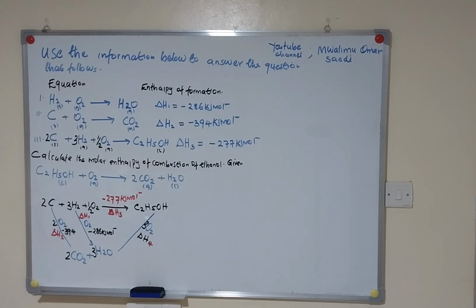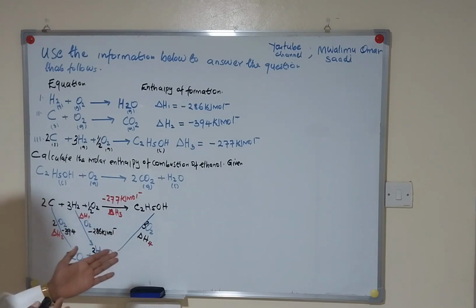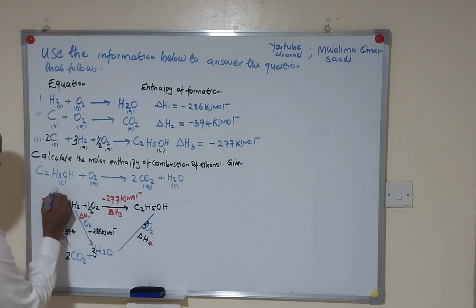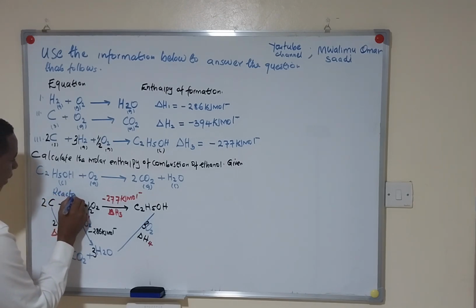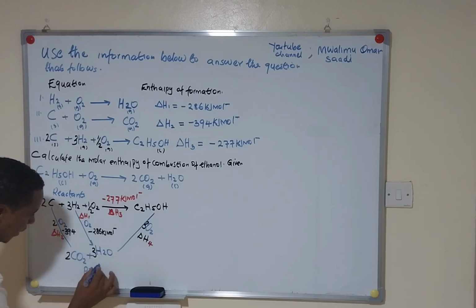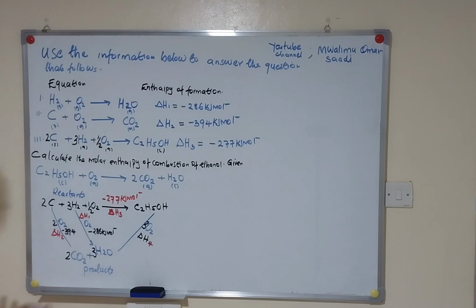So we said, Hess law says that the energy change in converting the reactants to product is the same regardless of the route followed. So this is our reactant, and the product is this. There are 2 routes that are possible.